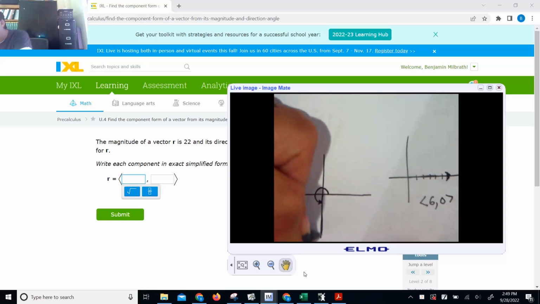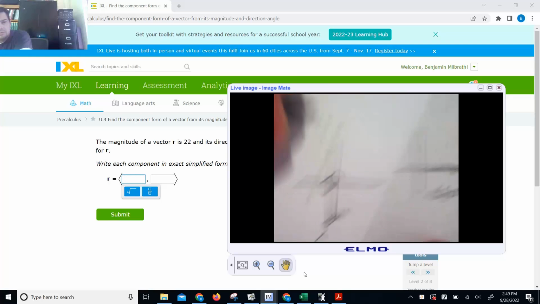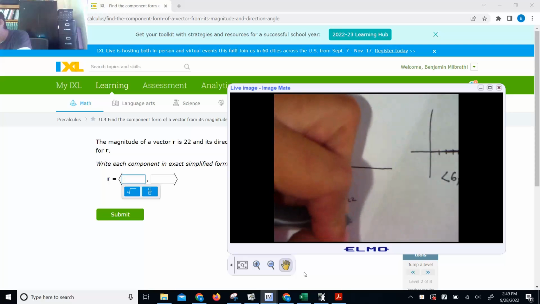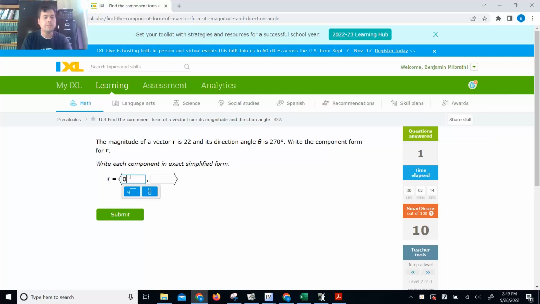And this thing is going to fall 22 units to negative 22. So in component form, there is no x, and then you fell 22. 0, negative 22. Most of you guys can probably visualize this, but I'm doing the graphing so that you'll see what's actually happening.